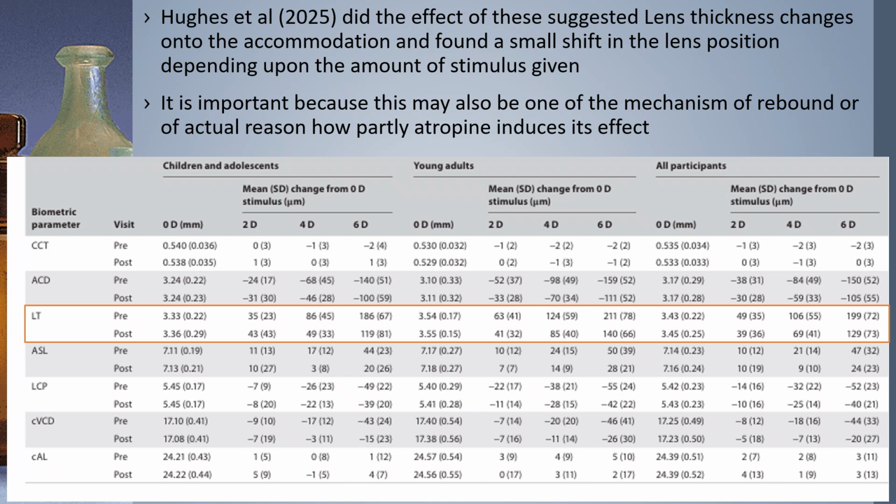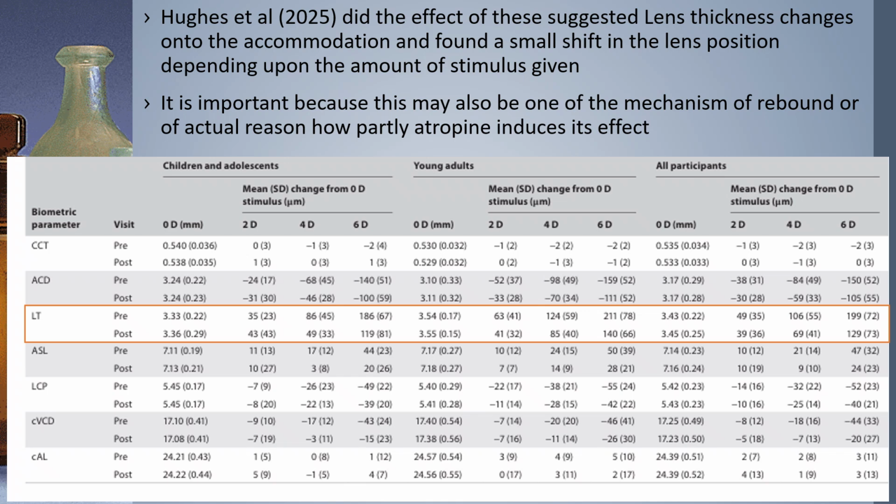But if you ask the patient to start accommodating, you will see a small increase of 0.03 millimeter in lens thickness here, and a very small increase here. But the moment you tell them to accommodate, there is definitely a difference, not at 2 diopters, but at 4 diopters and at 6 diopters, and you can see a similar reduction in the amount of accommodation taking place.